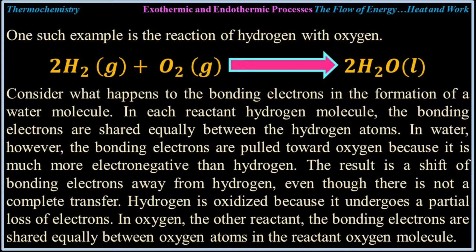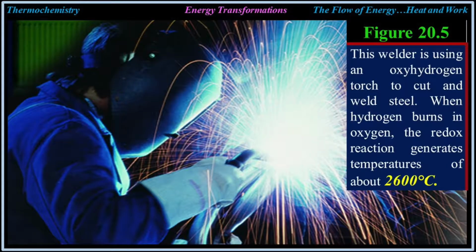In oxygen, the other reactant, the bonding electrons are shared equally between oxygen atoms in the reactant oxygen molecule. The welder is using an oxyhydrogen torch to cut and weld steel.